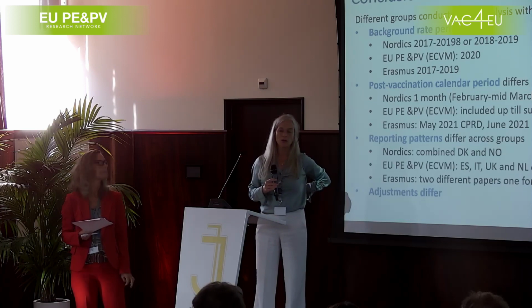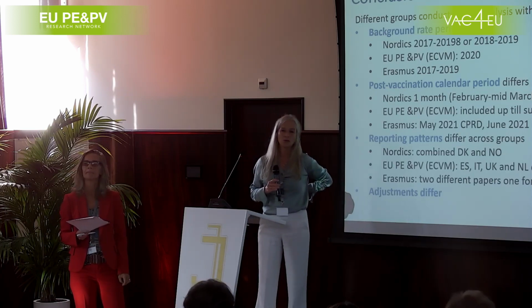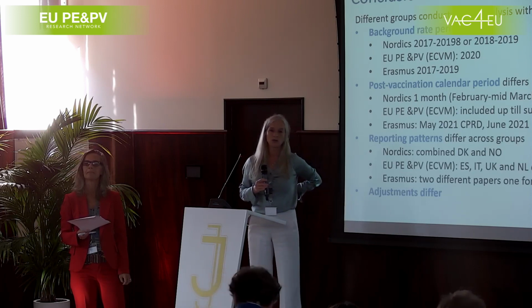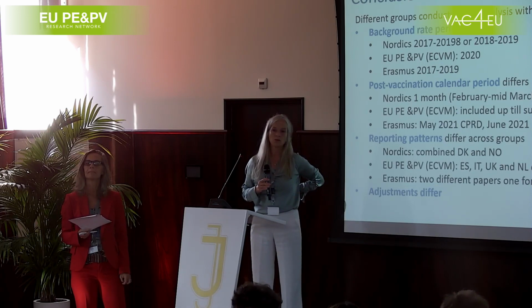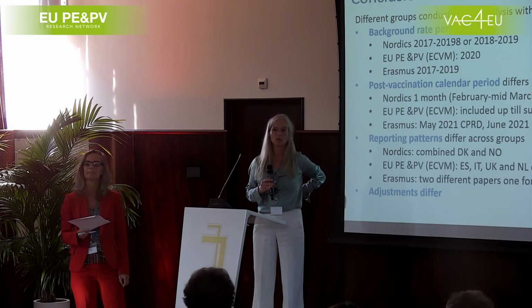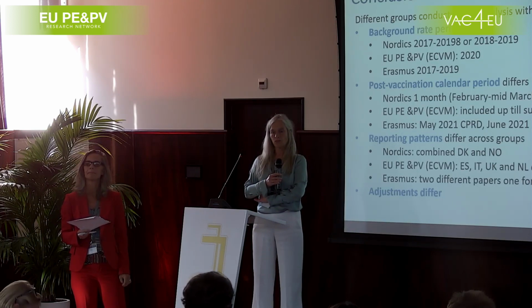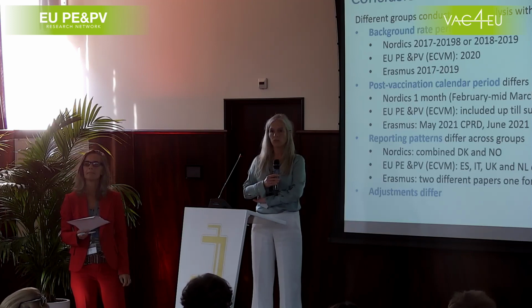Okay. So the question is, we can of course discuss the differences in the quantitative results, but the question is whether they could lead to different conclusions from a regulatory point of view?